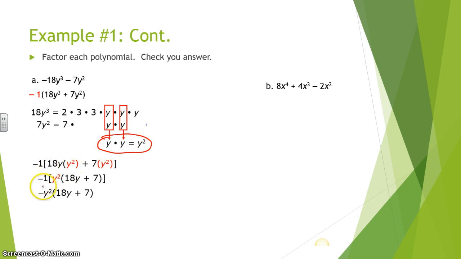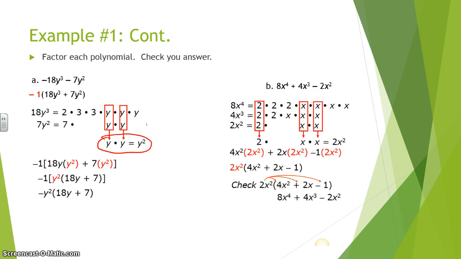So I have my negative 1 parentheses, then the y squared is my greatest common factor. Inside the inner parentheses, we then would have 18y, because 2 times 3 times 3 times y is 18y, plus my 7 left over. So my final answer here is going to be negative y squared parenthesis 18y plus 7.